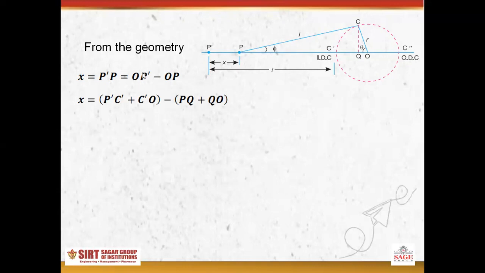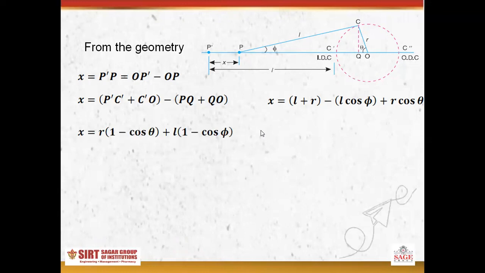OP is equal to CP plus QO, and OP dash is equal to P dash Q dash plus Q dash O. P dash Q dash is equal to L, and Q dash O is equal to R. With the help of this equation, we will have the value of x.